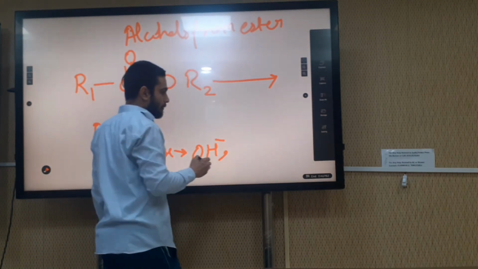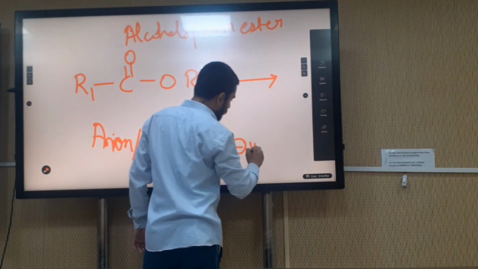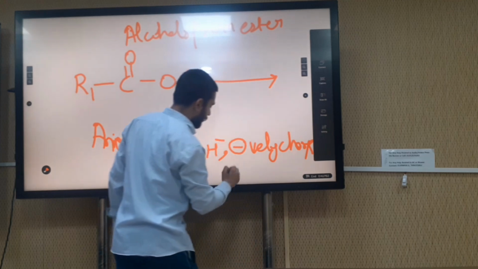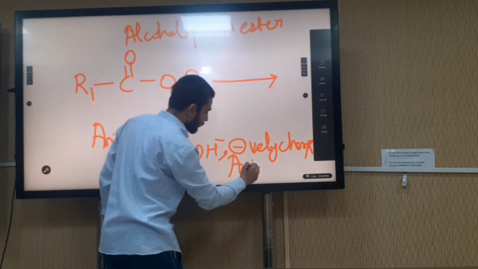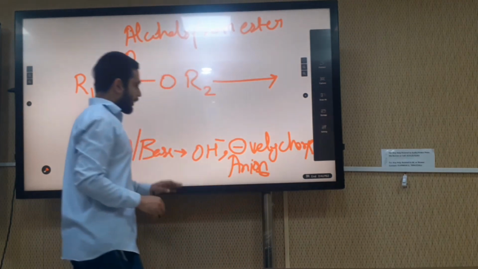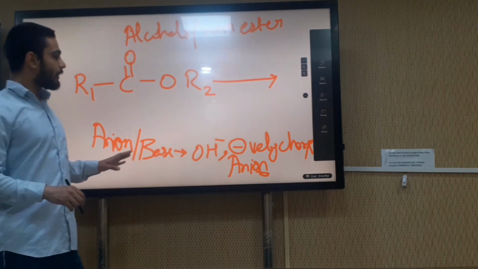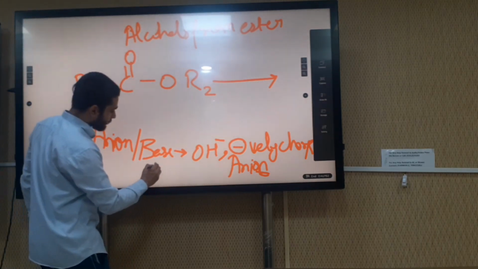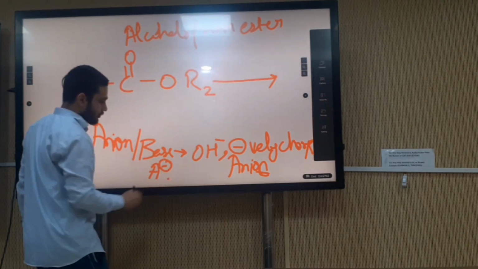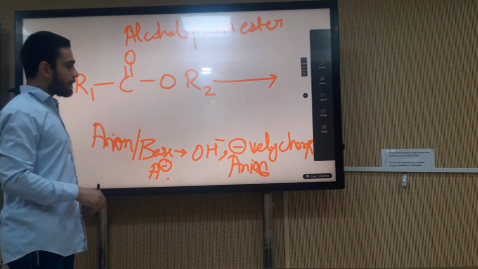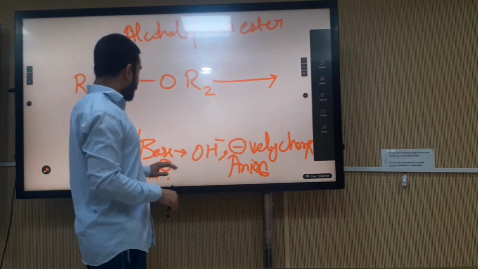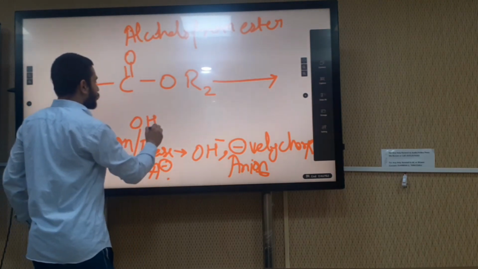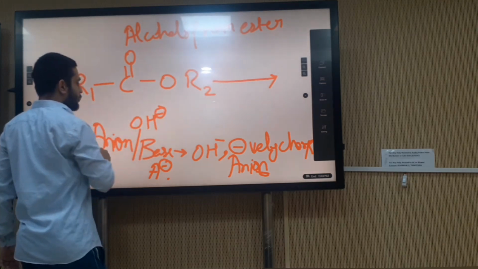It can be any negatively charged anion. Suppose that this is A minus. This A minus will attack here. Suppose that A minus is OH, so this OH minus will attack here.